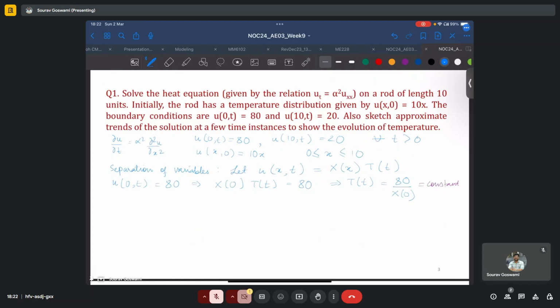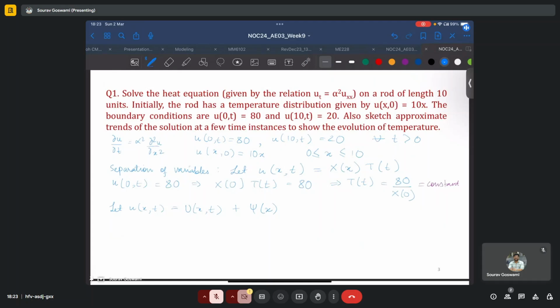So to account for this non-homogeneous part, let us redefine our function u as the sum of two functions, one capital U, which is a function of both x and t, and another function psi, which is a function only of x.